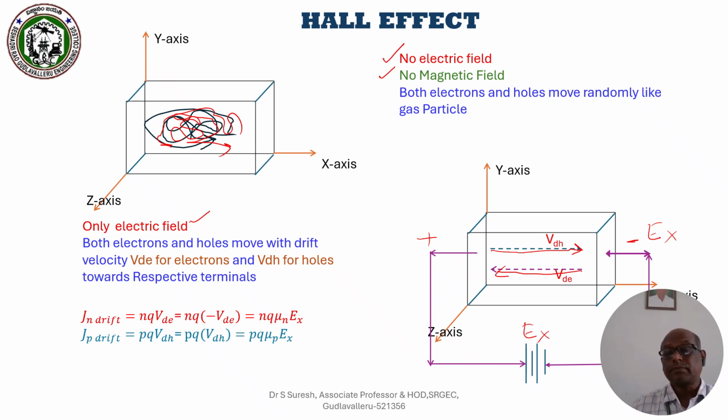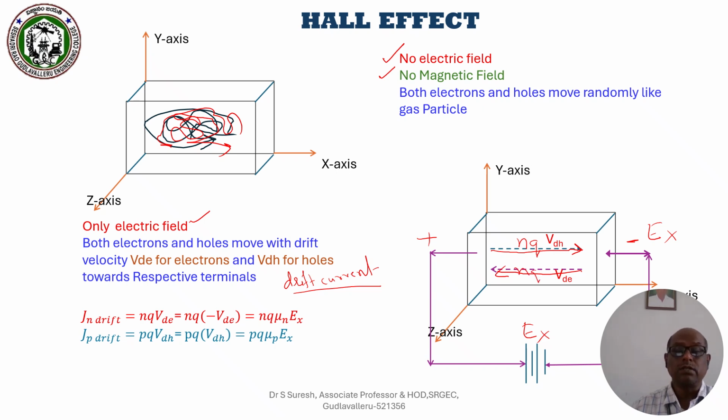When we apply electric field, the current produced is known as drift current. Only application of electric field leads to the drift. So Jn, the current density of electrons due to drift, is given by n, the number of electrons, with their charge q and their velocity VDE.